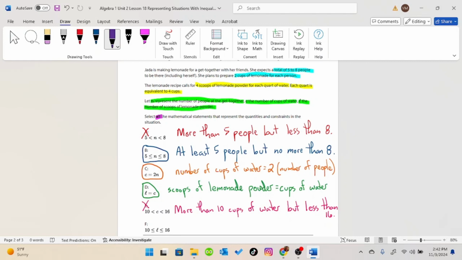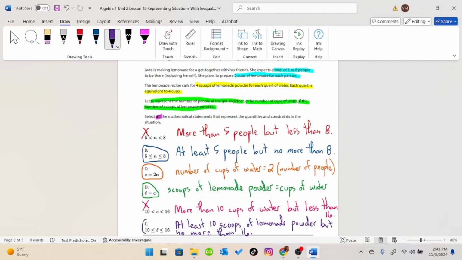So if we take equation B and we multiply that by 2, then we are going to have at least 10 scoops of lemonade powder, but no more than 16.